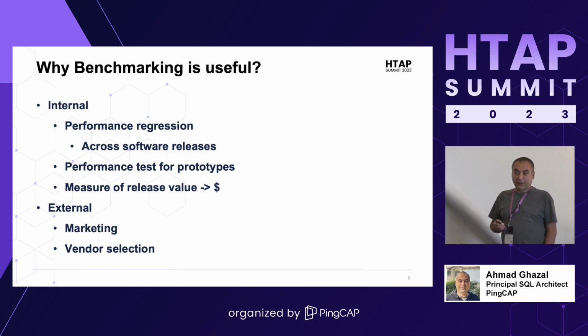They can use the benchmark, right? Some companies like Teradata, where I worked, use some of those benchmarks to measure the release value. So you could say this release is going to give a 5% overall improvement, and this can be useful to actually price the product itself.